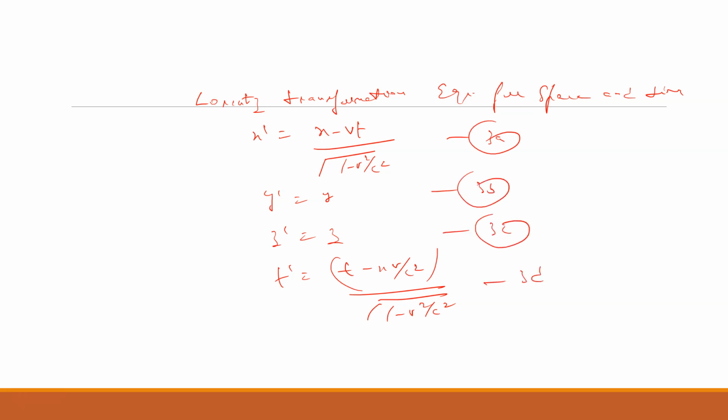So these are equations 3. Now differentiate all these equations 3. So this will become dx dash equals dx minus v dt divided by root of 1 minus v square by c square. Equation number 4a.